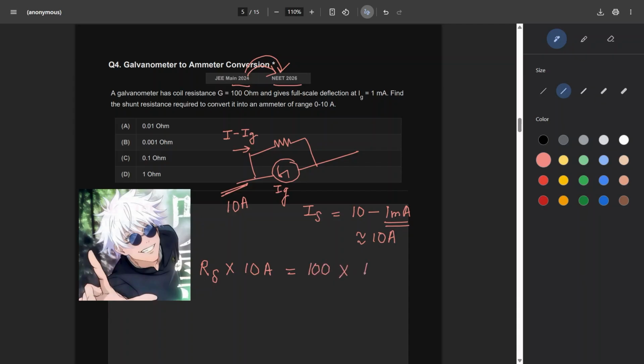And the current across it is 1 upon 1000 amperes, right? So what we have here? We have the shunt as 10 upon 1000, 1 upon 100, that is 0.01, first option. You just need to know this thing. This thing is important. That IS will be 10. We don't calculate this stuff. 10 minus 0.001. We don't calculate this.